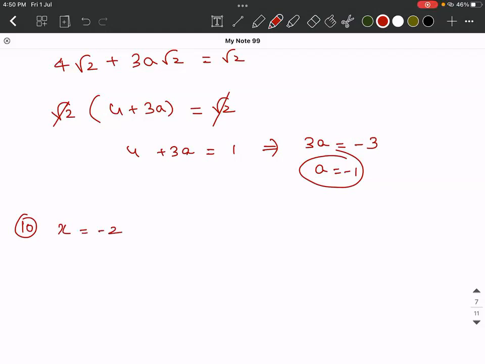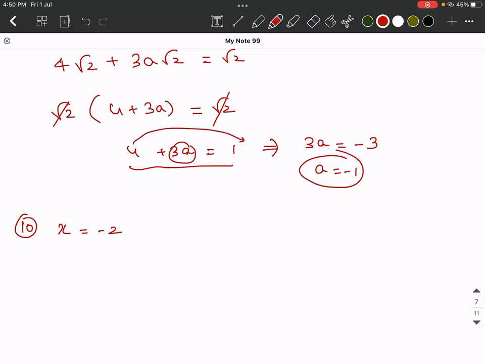Okay, listen. If the geometric representation of x is equal to minus 2 meets the x-axis at... Which one? This one. So 3a is equal to 4 will go to the other side.